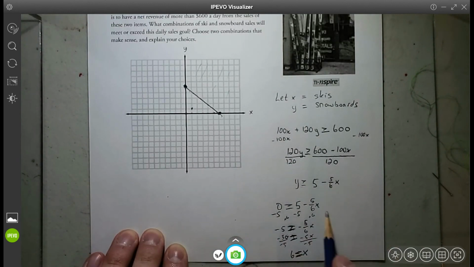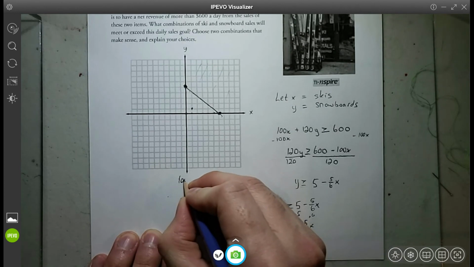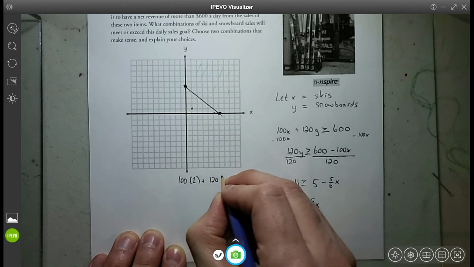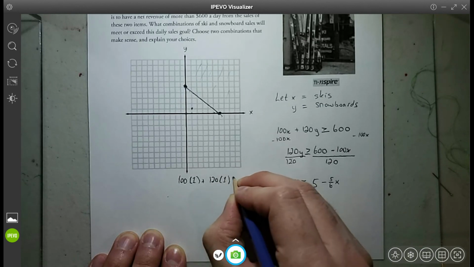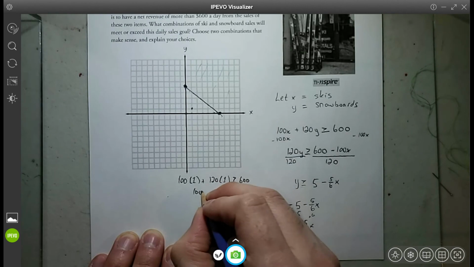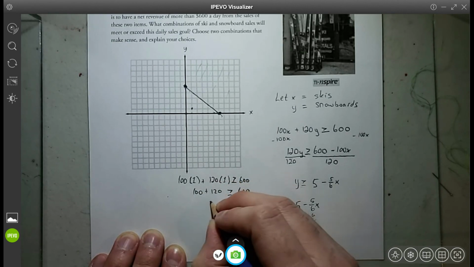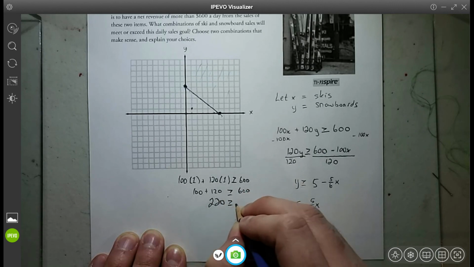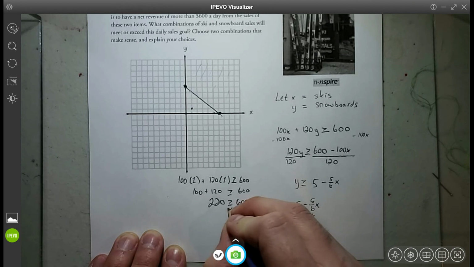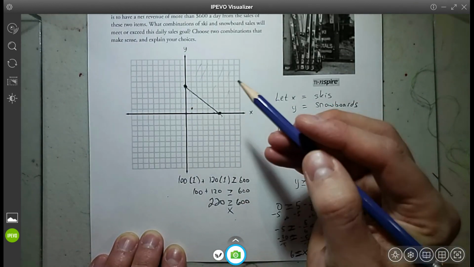So we'll use 1, 1. So we plug it into our original equation. So 100 plus 120 is greater than or equal to 600. Is 220 greater than 600? No. So that tells us that that point (1, 1) is not part of the solution.